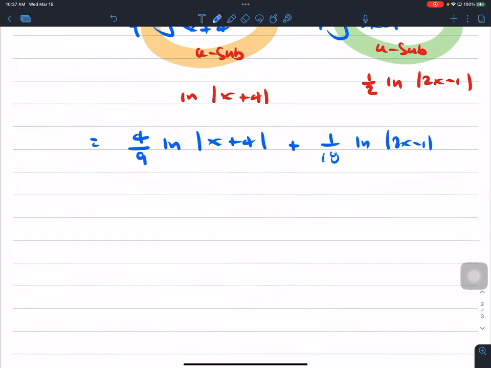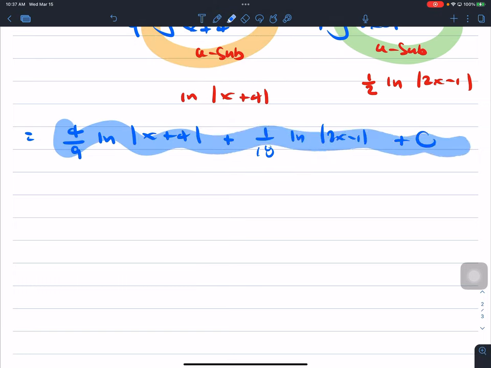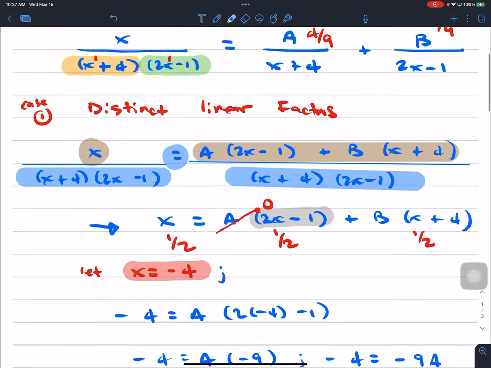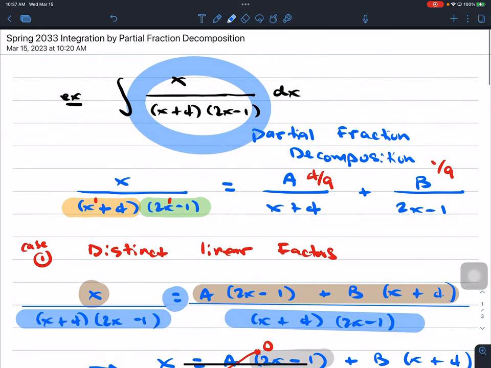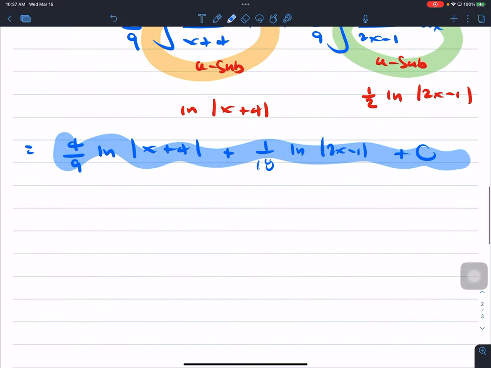Don't forget to add your constant, okay? And you're done. Okay, you guys okay with that? So what I'm going to share with you guys, these are what's called distinct linear factors. Different linear factors in the denominator. Okay, you guys, is that easy?